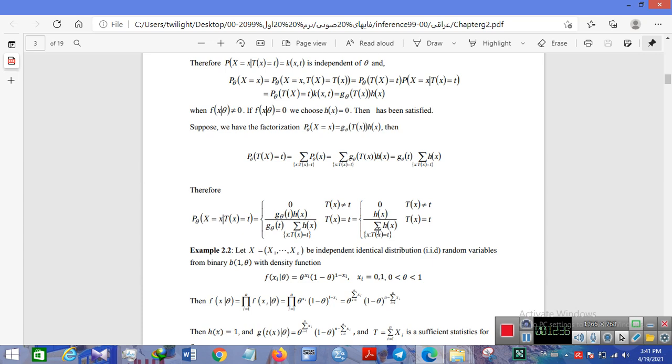So T(X) is a sufficient statistic by definition.